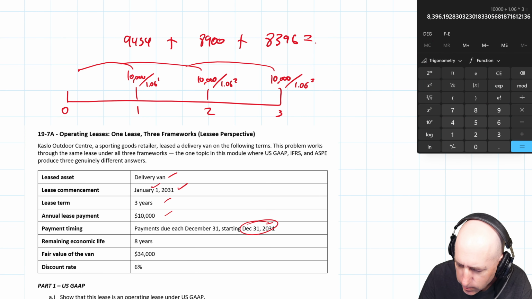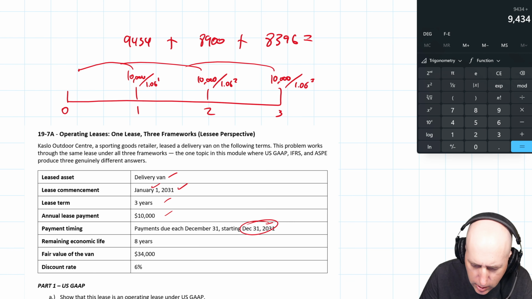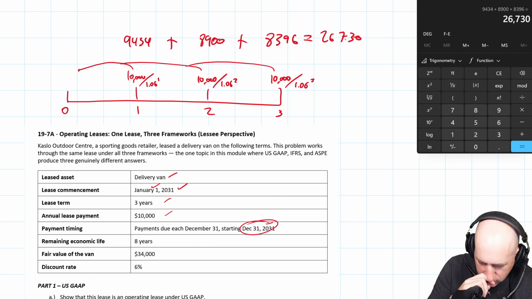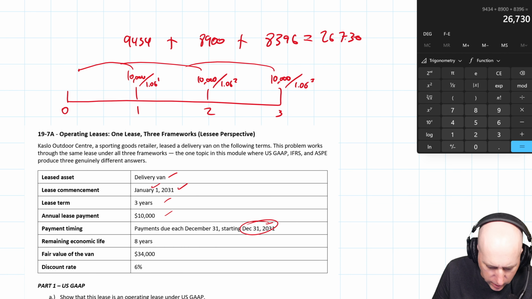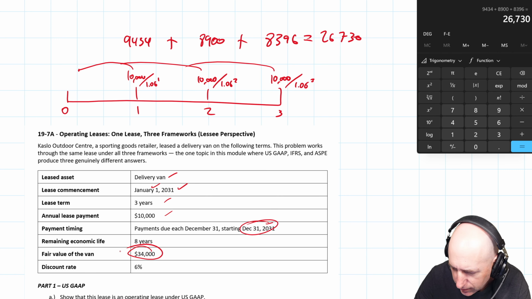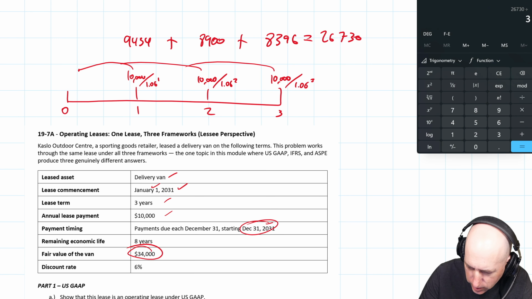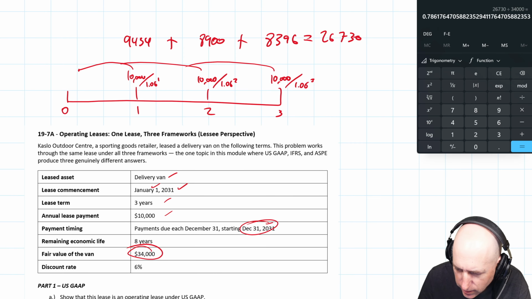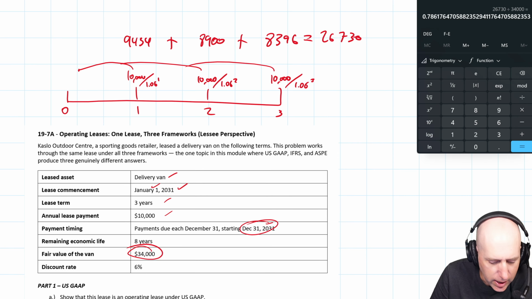Okay, let's add them all up. 9434 plus 8900 plus 8396. 26,730. And so is that more than 90% of the fair value of the van? Well, the fair value of the van, 34,000. 78%. So no, we didn't hit that criteria.